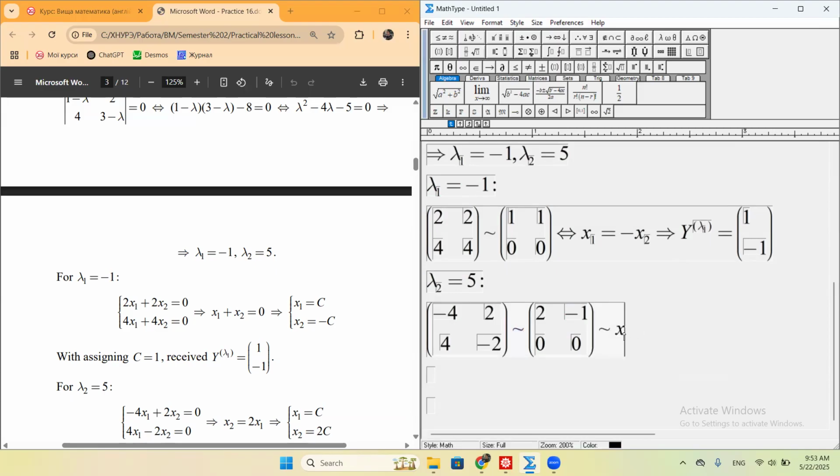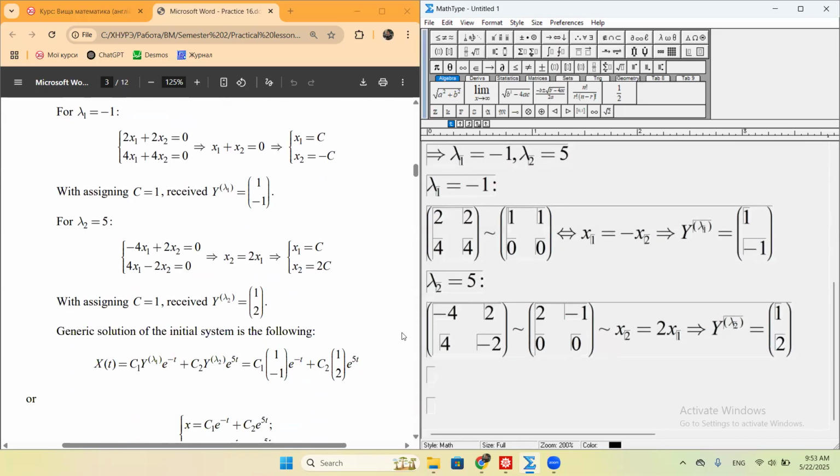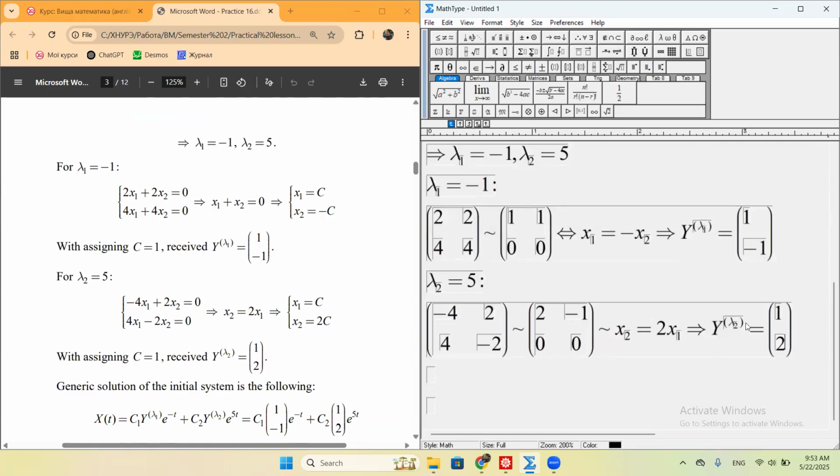So x2 will be equal to 2 x1. So then the eigenvector that corresponds to lambda 2 equals 1, 2. Actually I can use a constant c, for example, so c and 2c, and I can assign c equals 1. Yeah, so actually according to these notes.